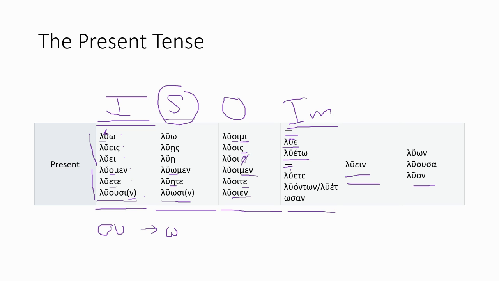Also, no first person plural adjussive or imperative. Then we've got liete, so notice this is the same as this form right here. And lionton, lietosan, and those are just variations that are both appropriate for the third person. So let or may they loosen.